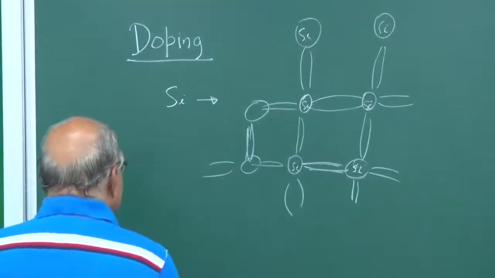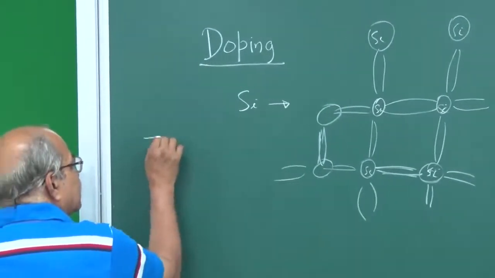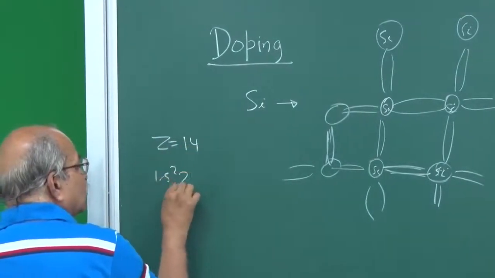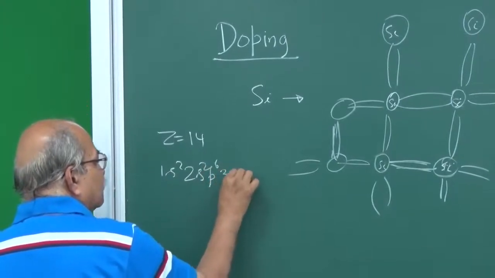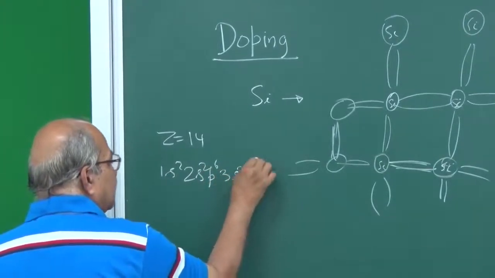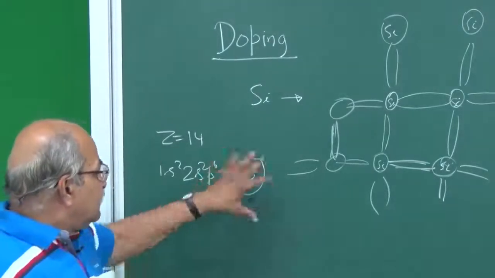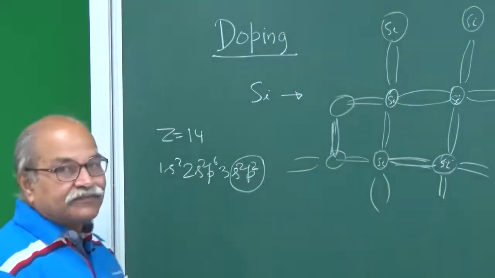The electronic configuration, for Z equal to 14, is 1s2, 2s2 2p6, and then 3s2 3p2. So these 4 electrons go into sp3 bonding in this structure.